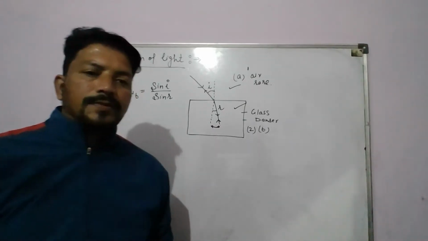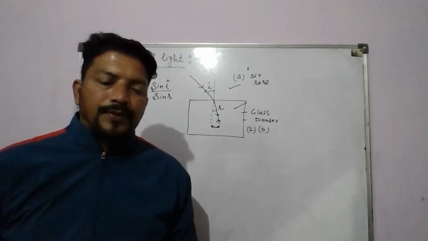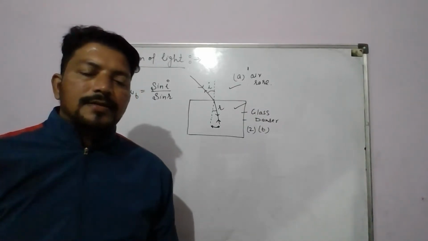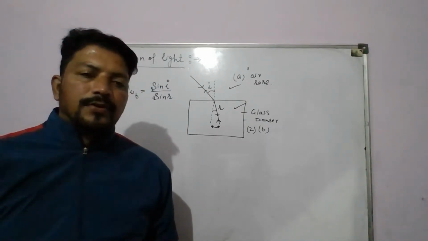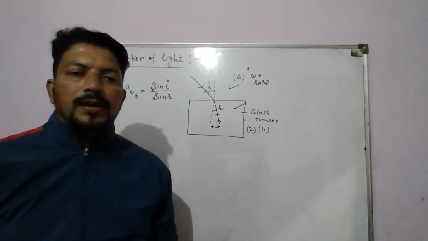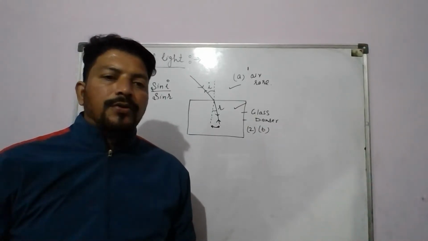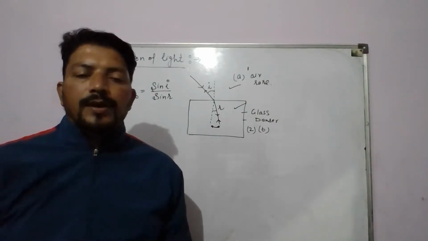So in the previous video we understood this concept. There are seven types of light in the electromagnetic spectrum, like your X-ray, gamma ray, UV ray, visible, infrared ray, microwave, radio wave.